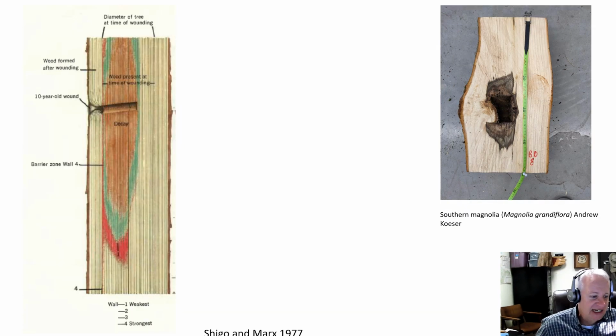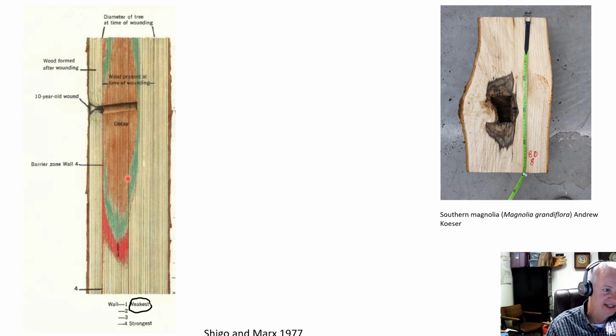Well, Shigo actually ranked those walls from weakest to strongest in terms of their resistance to decay movement. And he said wall 1 is the weakest. Okay? And you can sort of see that in the spread of decay, where this wound here allowed decay to spread quite a ways longitudinally.